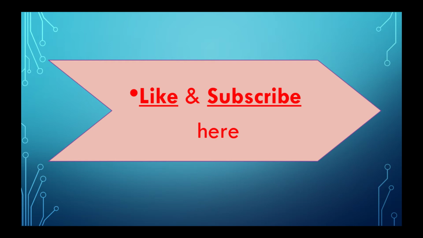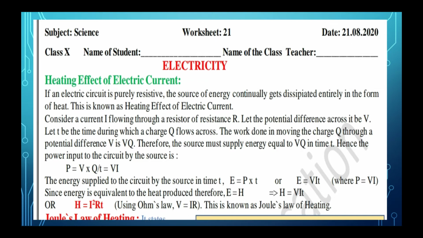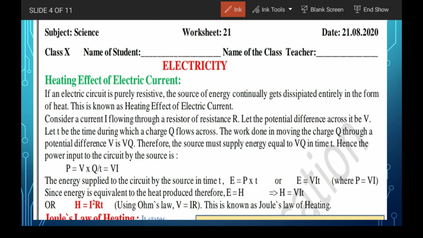Now look at your worksheet number 21. It's dated 21 August, Science, about the heating effects of electric current. Let's read it out. It says if an electric current is purely resistive, the source of energy continually gets dissipated entirely in the form of heat.